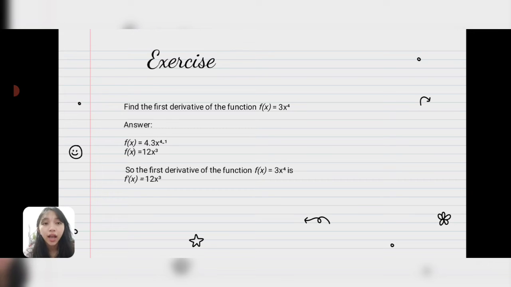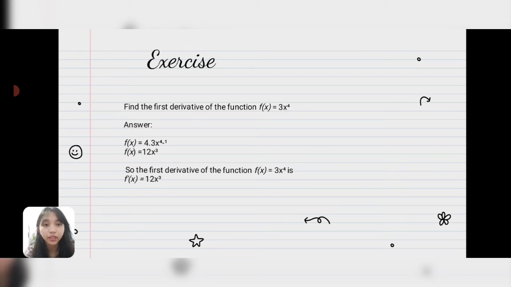The answer is f'(x) equals 4 multiplied by 3x to the power of 4 minus 1, so f'(x) equals 12 from 4 multiplied by 3, and x to the power of 3 from 4 minus 1.